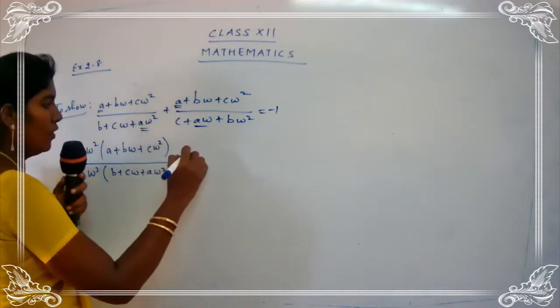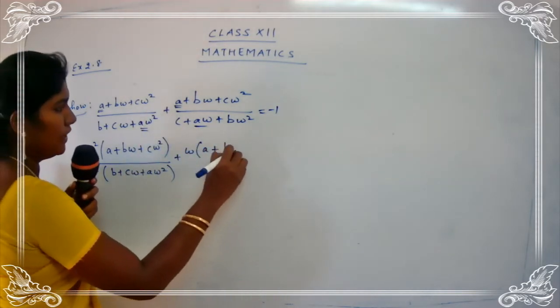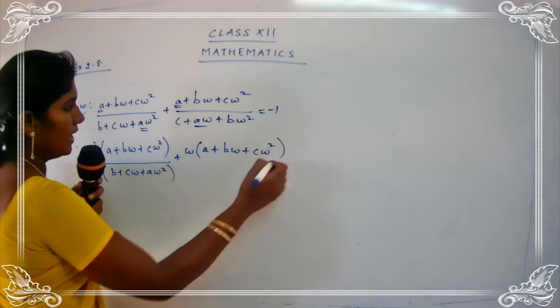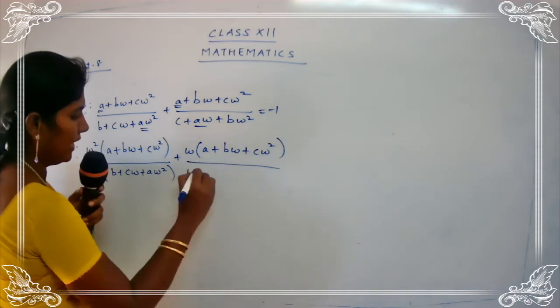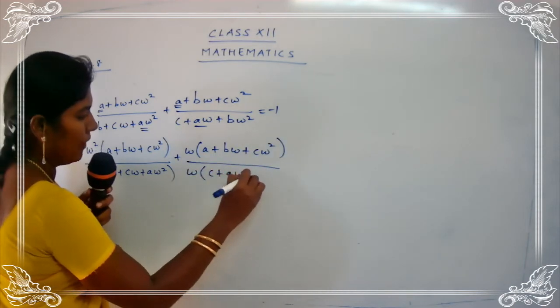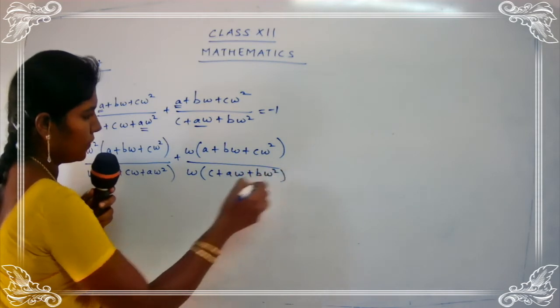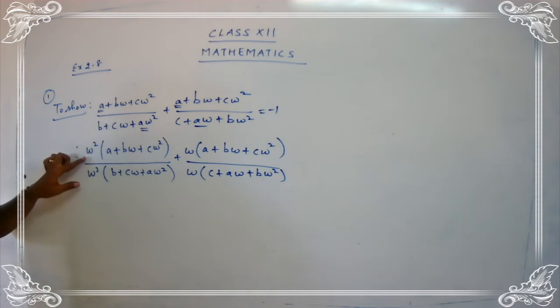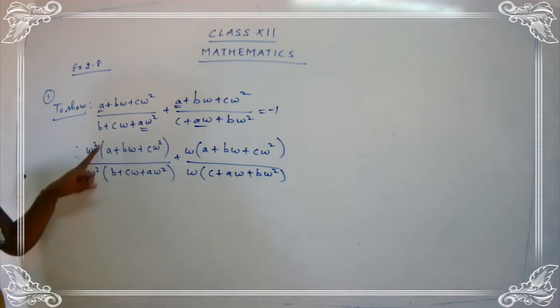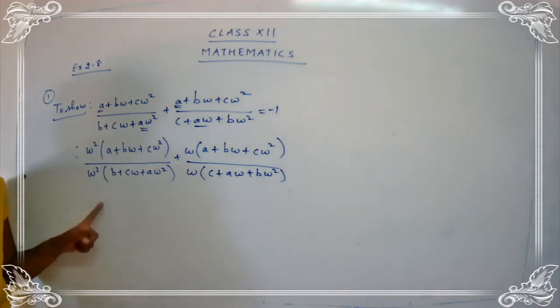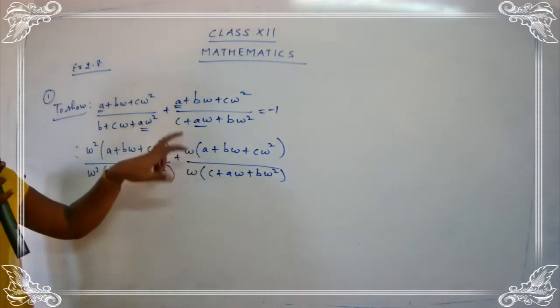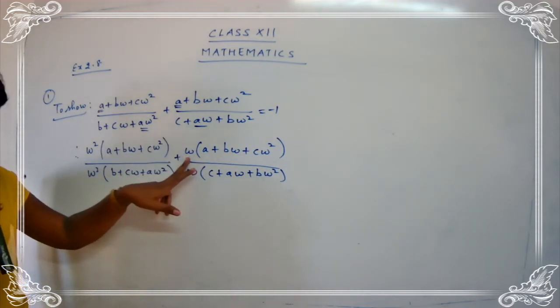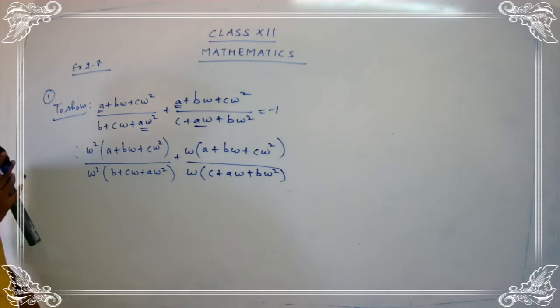So this is plus omega (A plus B omega plus C omega square) upon (omega C plus A omega plus B omega square). So I have taken the LHS part and multiplied by omega square in the numerator and the denominator for the first term, and for the second term I have multiplied by omega in the numerator as well as in the denominator. Okay, children?